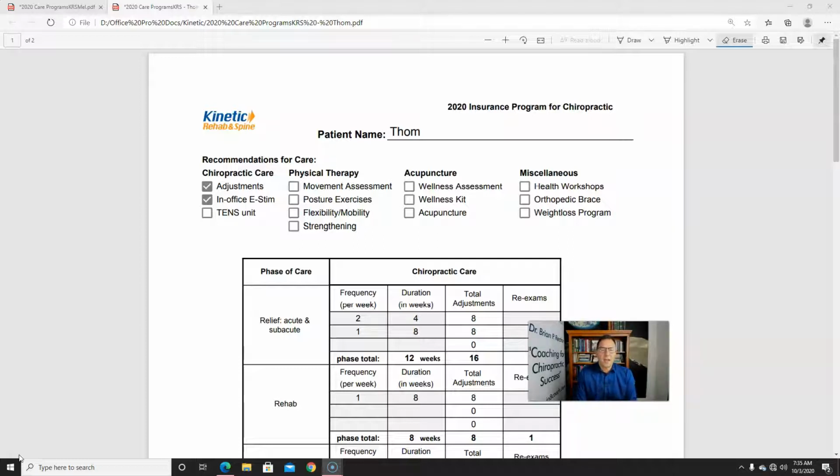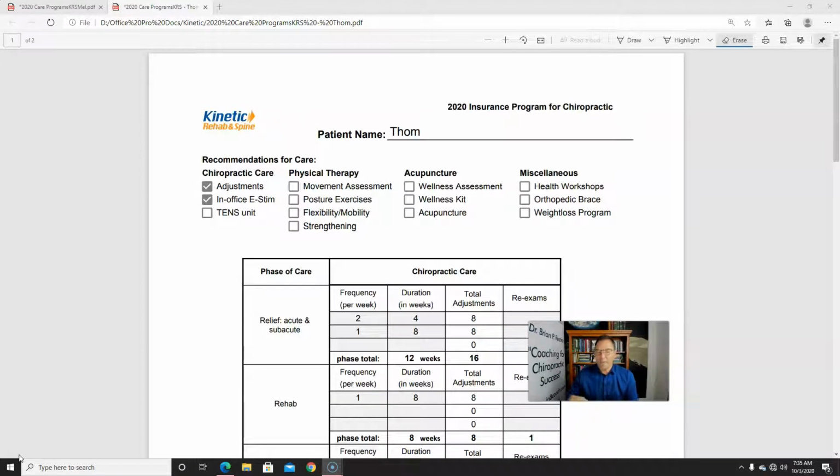So at the top, you're going to check off what services you are performing for this patient. Now, this particular plan is for chiropractic care only, so we're going to make it simple today. We're just going to go over the chiropractic aspect of it, and we're going to look at certain numbers and how to understand and explain the care plan to the patient.